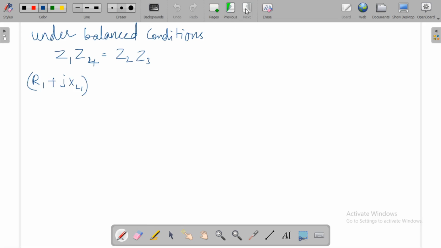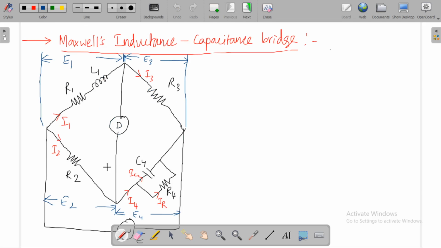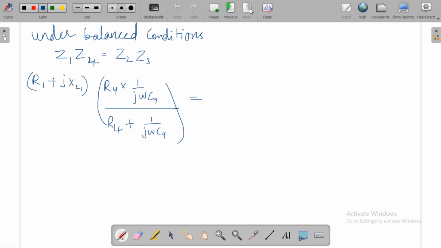So Z4 is R4 into 1 by j omega C4 by R4 plus 1 by j omega C4. What is Z2? What is Z3? Z2 is R2, Z3 is R3. So R2 R3.